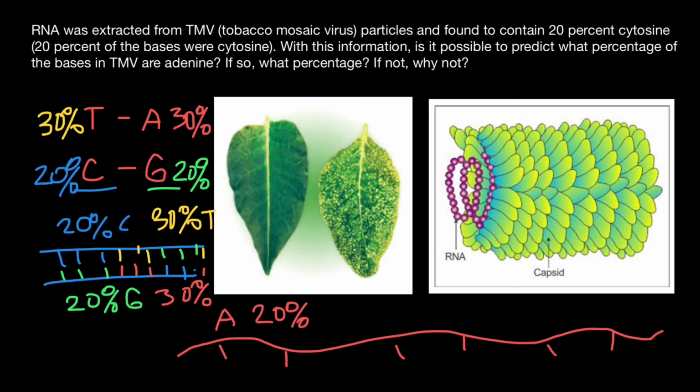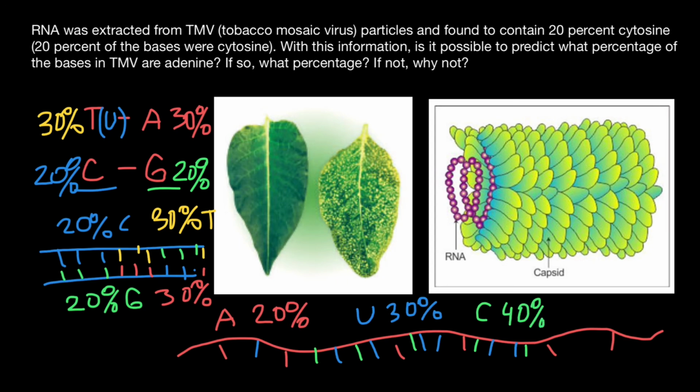Thymine is substituted with uracil, so it doesn't mean that the other 20% is also going to be uracil. Actually, uracil may account for, say, 30%. Other bases like cytosine, for example, can make 40%.